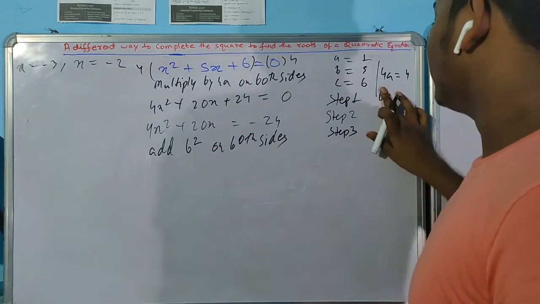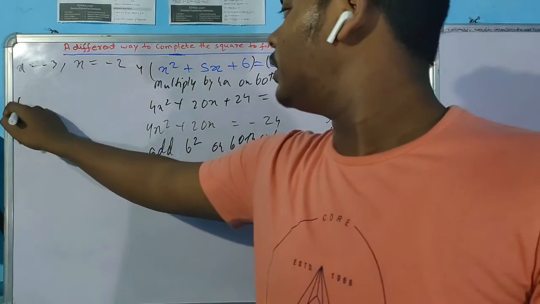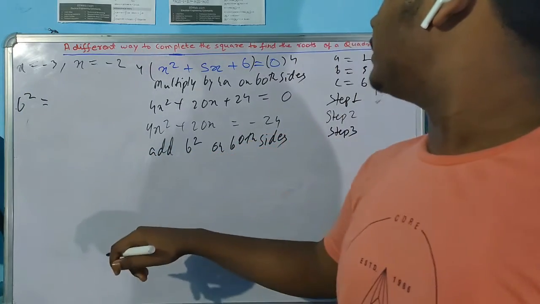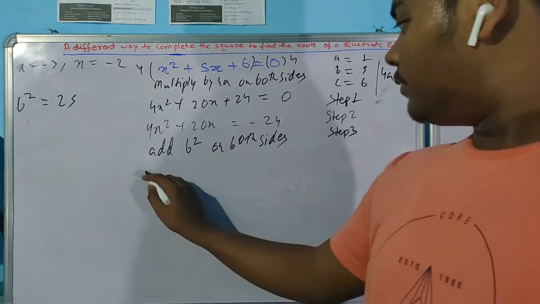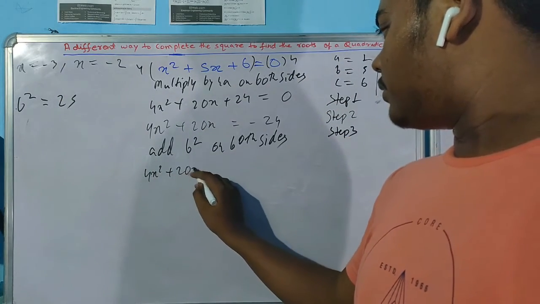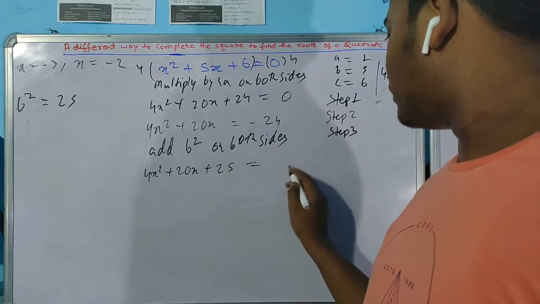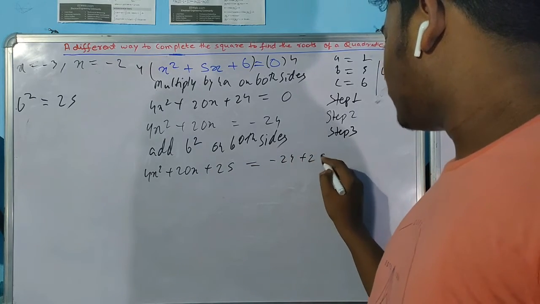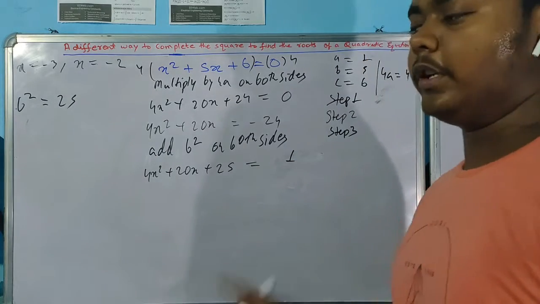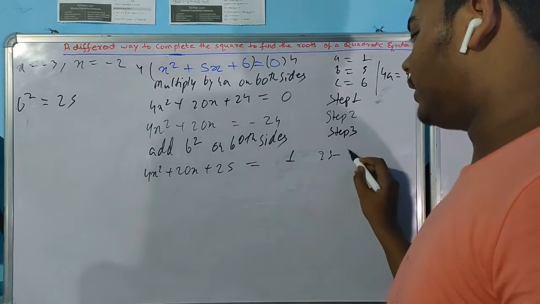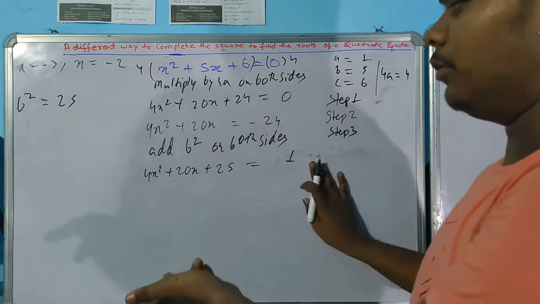So b square is just 25, right? So we will add b square on both sides. This will just be 1, because 25 minus 24 is 1.